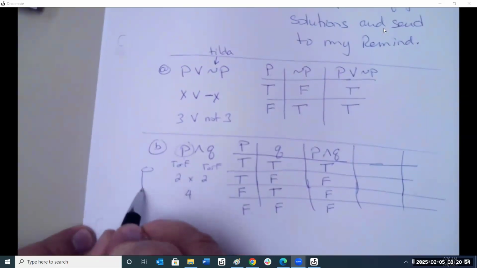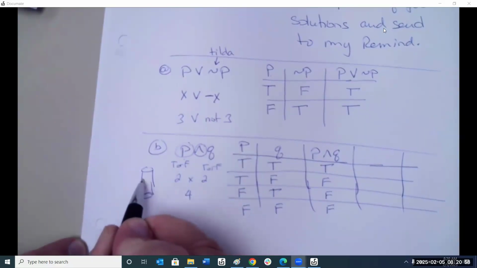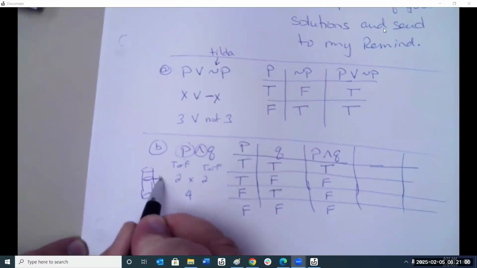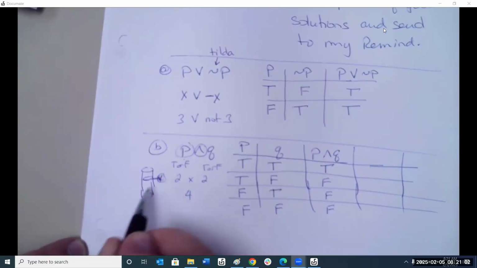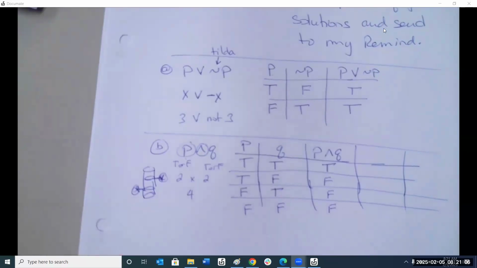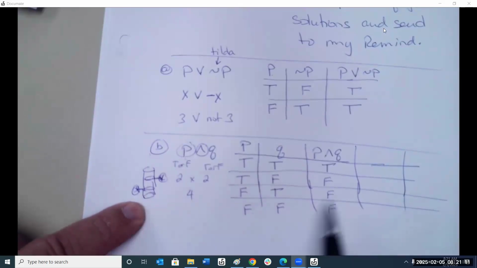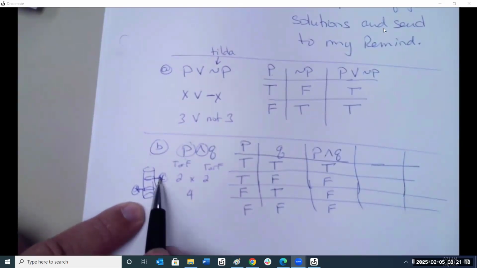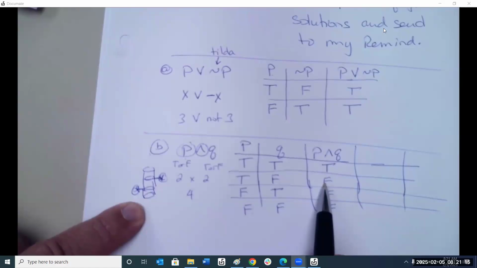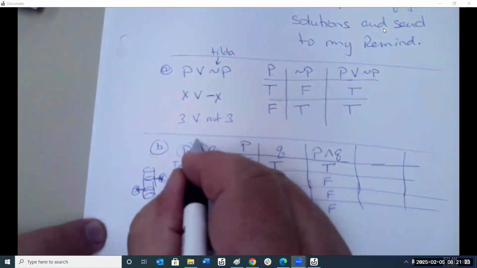Because this is an and, that means this first switch and the second switch have to be in a row. So if they're both open, the water comes out. If one of them's closed, then water doesn't go out. If one of them's closed, or if they're both closed, that's the easiest way to look at those. That's for the and statement.